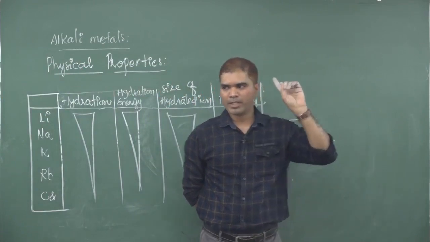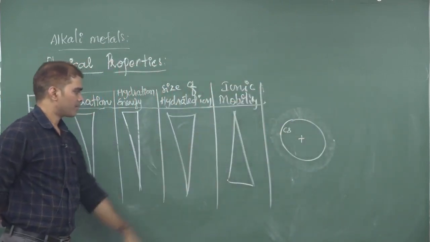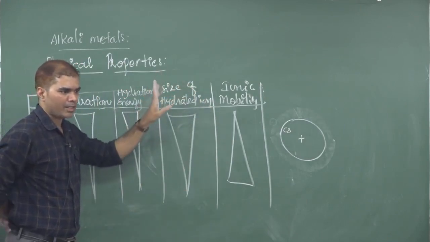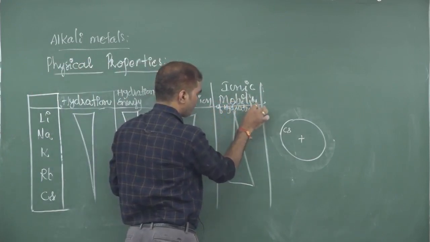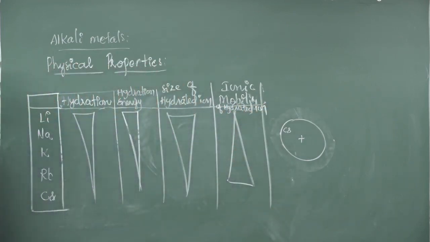Therefore, the ionic mobility increases. Okay? So, the ionic mobility is increasing. Ionic mobility of what? Ionic mobility of hydrated ion. Don't get confused. Ionic mobility of hydrated ion. It is not simply your metal ion, it is a hydrated metal ion.